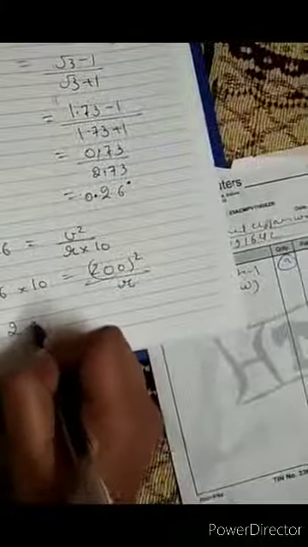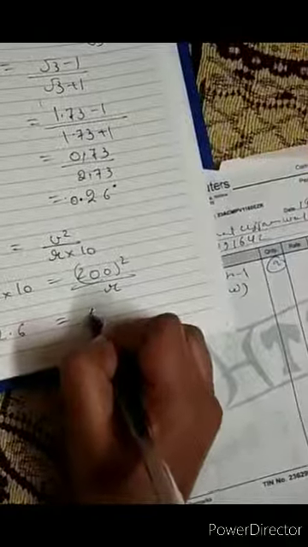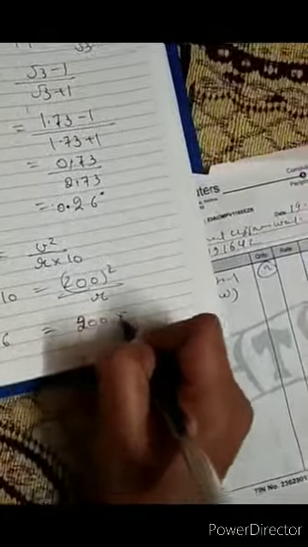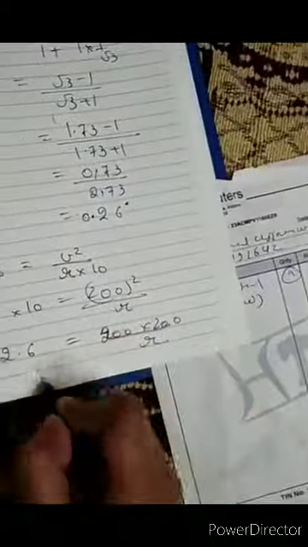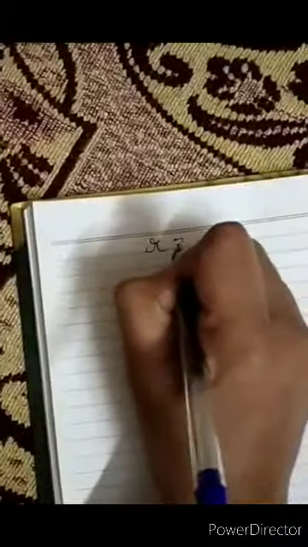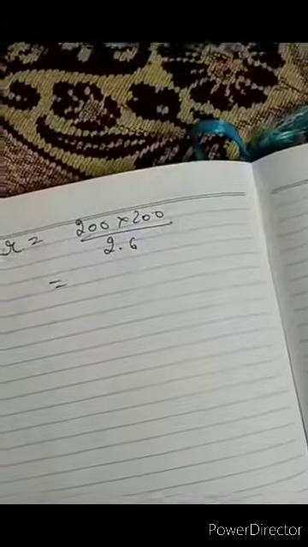So this would be 2.6 is equal to 200 into 200 divided by r, or r is equal to 200 into 200 divided by 2.6. So I can easily do one thing, that is 10 to the power 4.